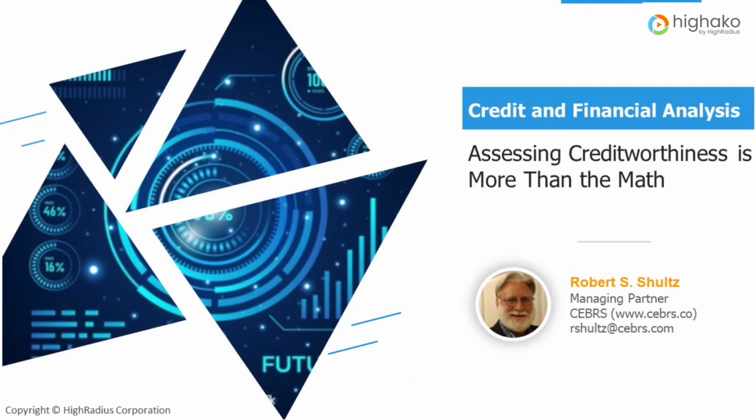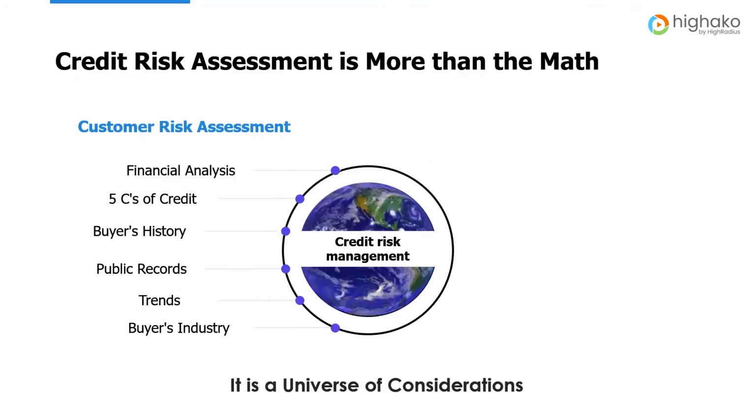So let's talk about credit assessments and what the heck do I mean by it's more than the math. Well, first of all, you have to look at your customer and assess your customer. And that certainly does take some mathematics: financial statement analysis, ratios, trends, benchmarking, understanding each line item on the balance sheet and the P&L and the cash flow.